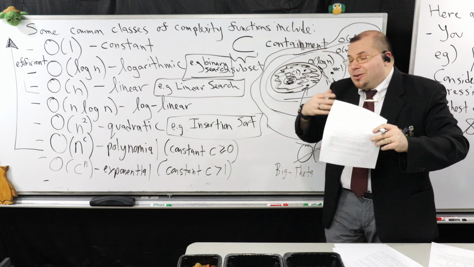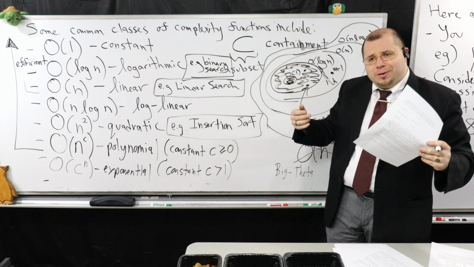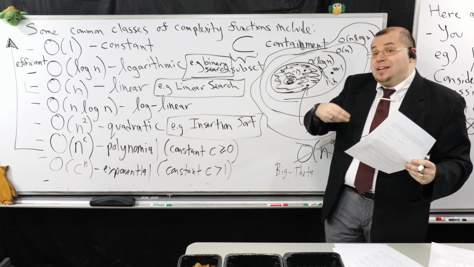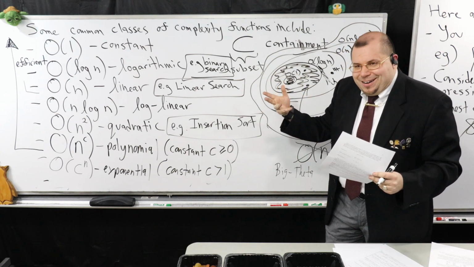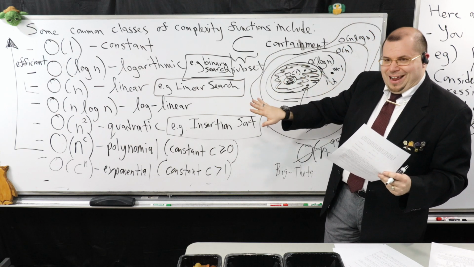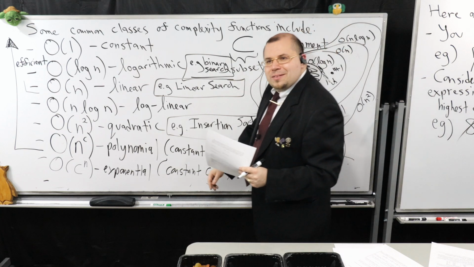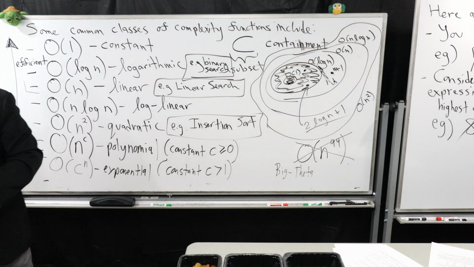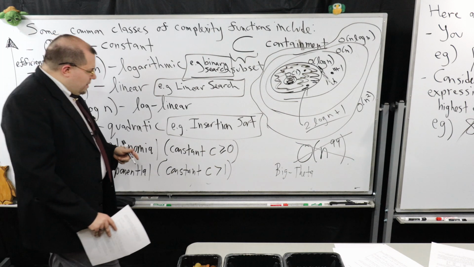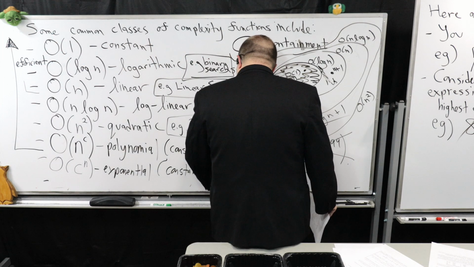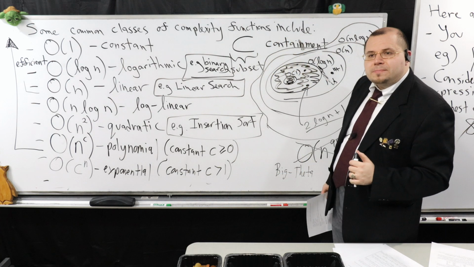Otherwise, it will not start partaking in what we call combinatorial explosion or exponential growth. As long as it's bigger than 1, we're okay. Does that clarify why I made it c is greater than 1 as opposed to it being quite similar to the one above? But technically, if you feel like you want to make it c is greater or equal to 2, that's also okay.